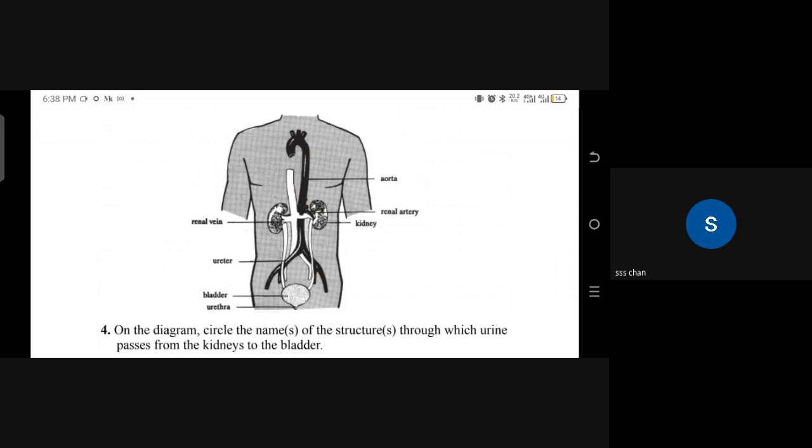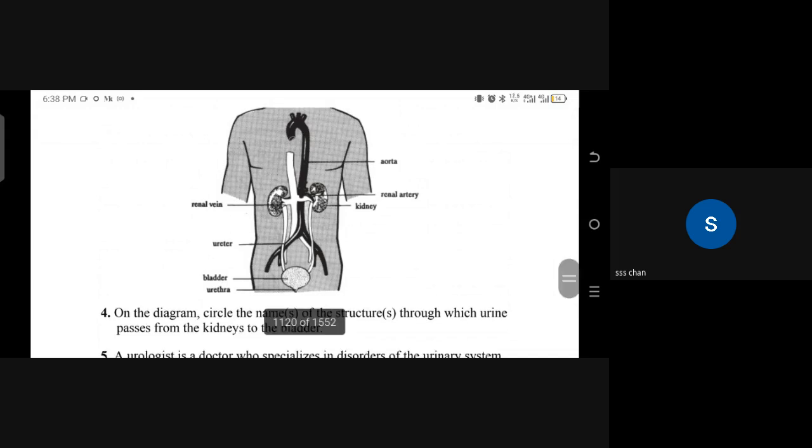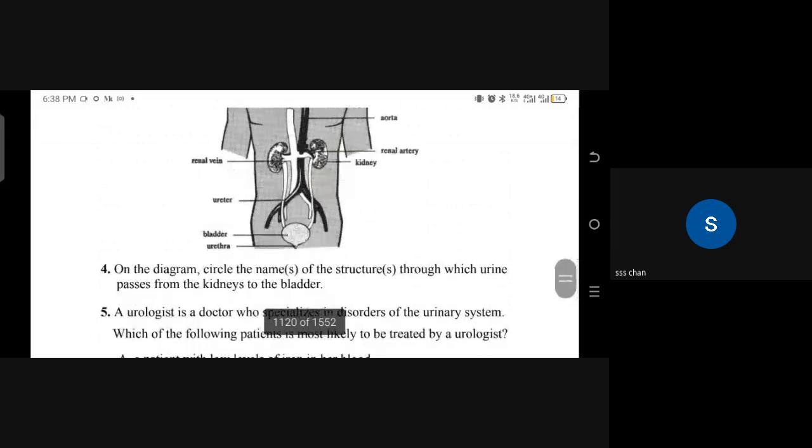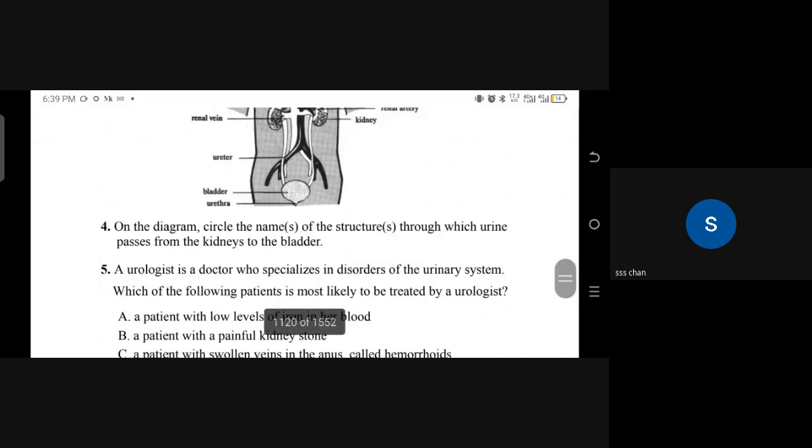The ureter is the linking channel through which urine passes from the kidney down to the bladder. When the bladder is full, it is then passed out through the urethra. So the answer there is the ureter, and as we can see, it happens to be the main connecting channel between your kidney and your bladder. Now let's look at the next one.